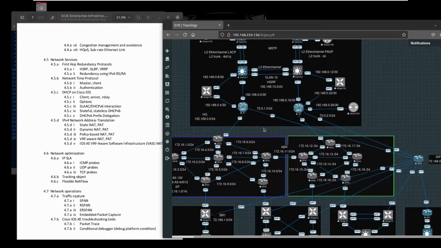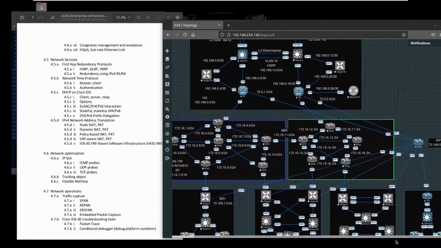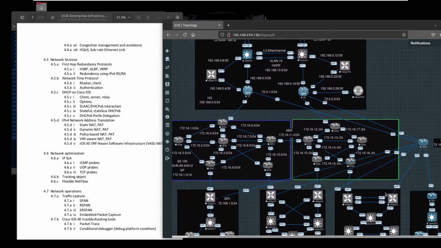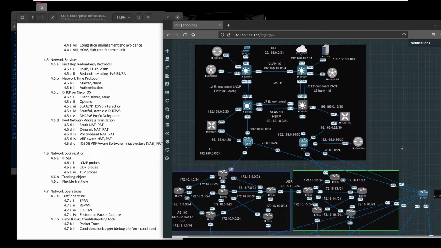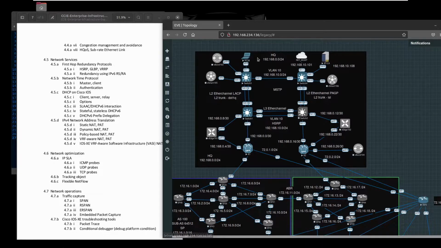What I have configured so far is I enabled my ISP router, and it has linked with headquarter and another site here. I'm going to allow these two internal routers to reach the loopback interface that is configured here in ISP.